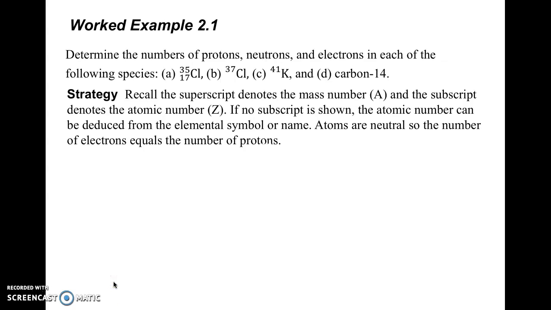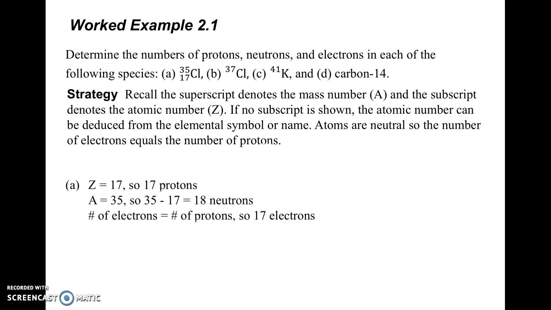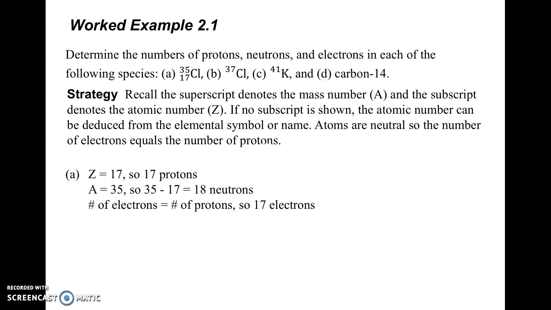So when we go to look at chlorine 35, we know the Z is 17, so there's 17 protons. That means there's 17 electrons. Our mass number is 35, so 35 minus 17 tells us there are 18 neutrons.